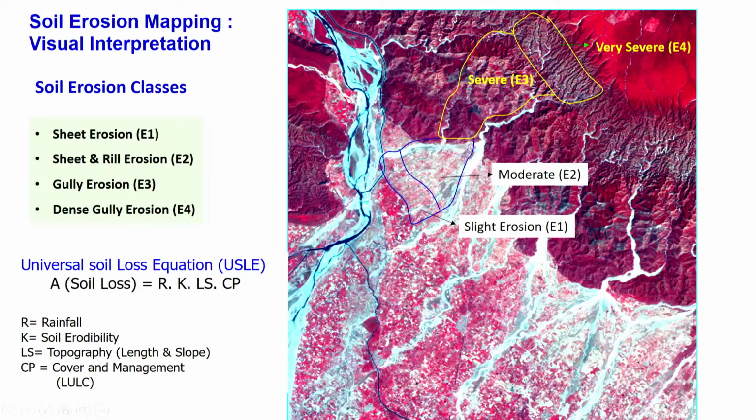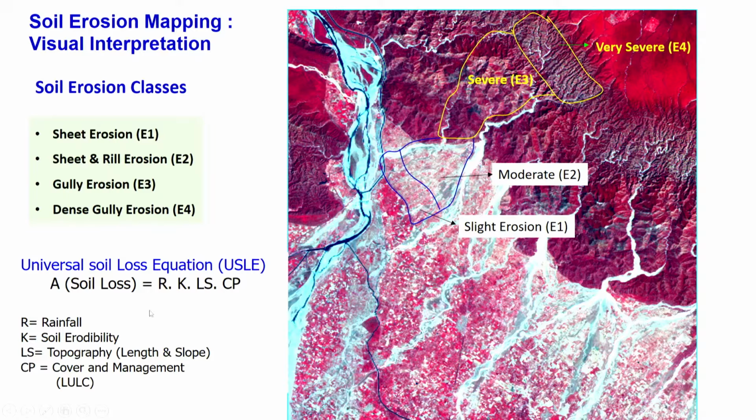So we can map relatively, if we know which soil erosion factors are there and how they are governing. If we have these concepts, we can interpret remote sensing data also for soil erosion mapping. So we can map the sheet erosion, the gully erosion, the dense gully erosion. So E1, E2, E3, E4 you can map here.